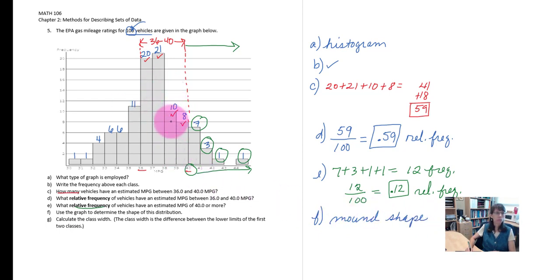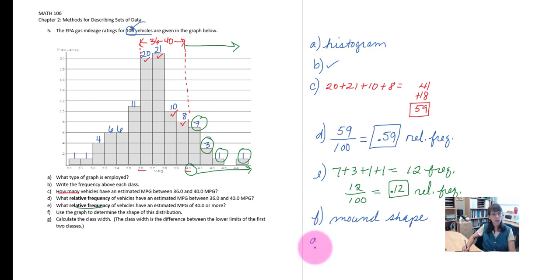Now we will be more specific about that mound shape in a later section. We'll determine whether it is symmetric or skewed left or skewed right, but at this point we just want to see that it is a mound shape.